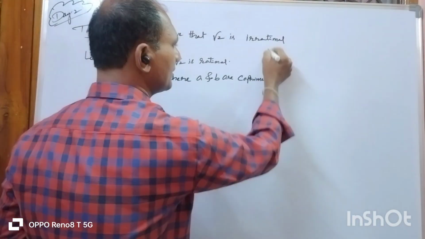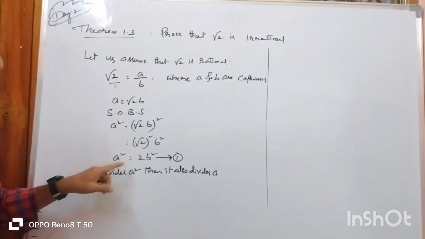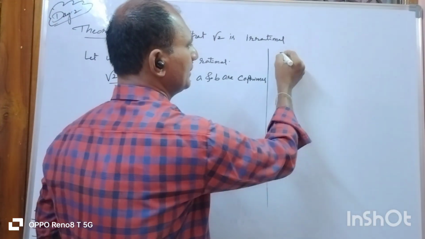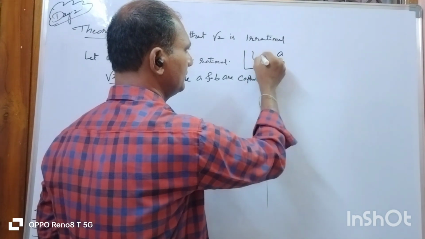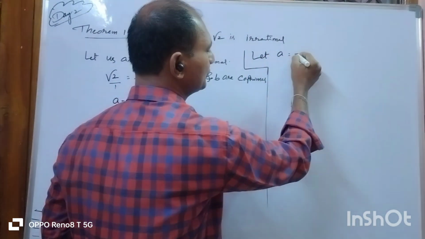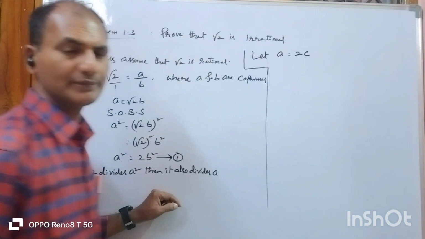Now I'll assume a equals 2c, another number c.